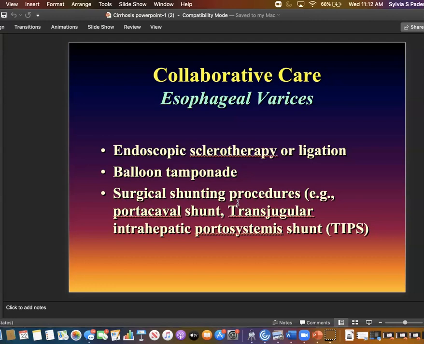I believe you will go through this, get familiarized with balloon tamponade in 4th semester. The other intervention will be surgical shunting procedures, like the portacaval shunt, or transjugular intrahepatic portosystemic shunt, otherwise known as TIPS.